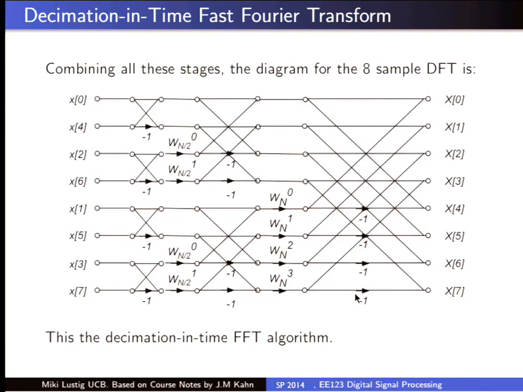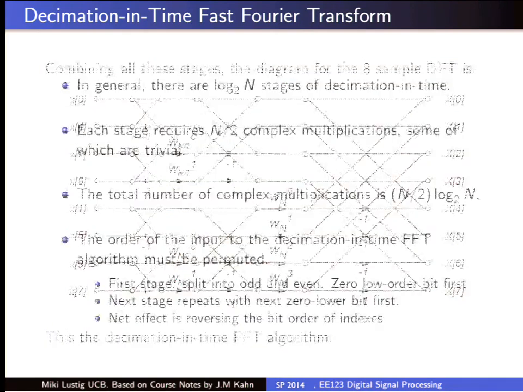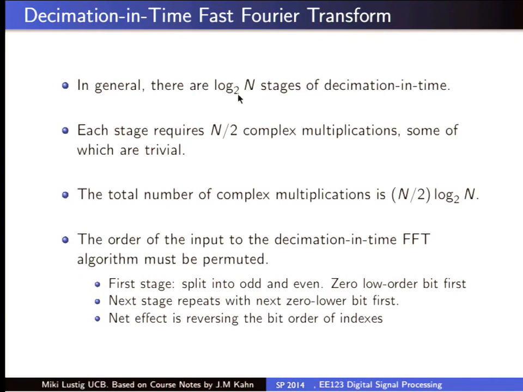There you go, n log n. So in general, log 2 n stages of decimation in time. Each stage is n over 2 complex multiplications. Some of them are trivial, like just adding, subtracting, very simple. Some of them are multiplications with twiddle factors. The total number is n over 2 times log 2 n.